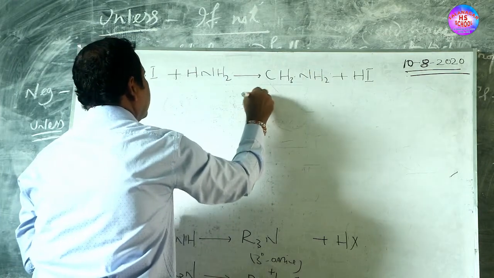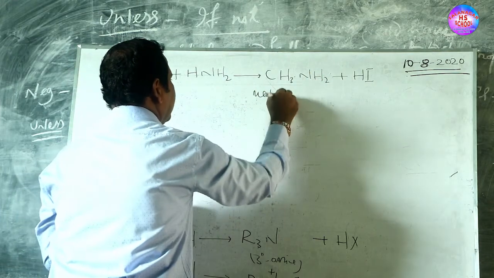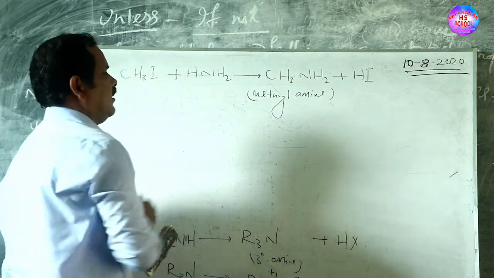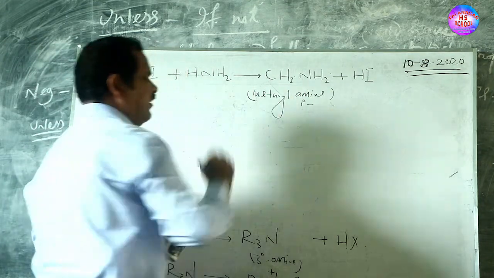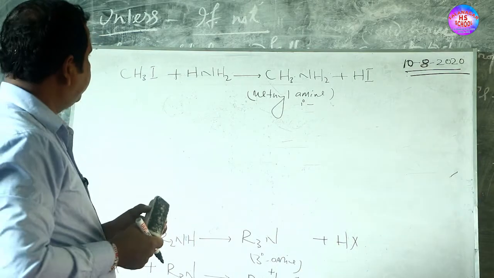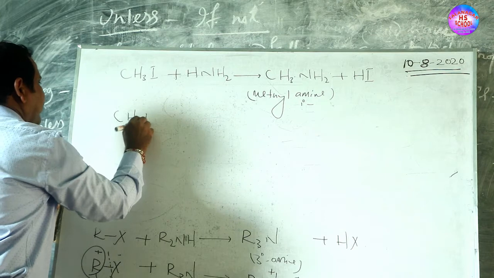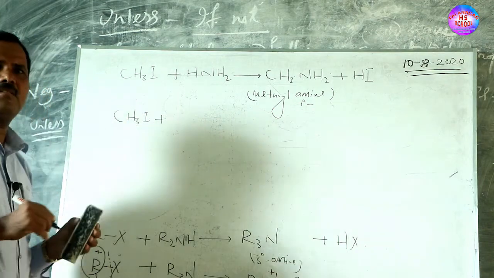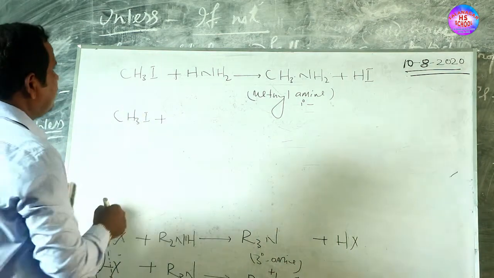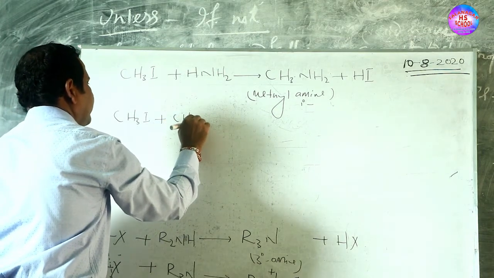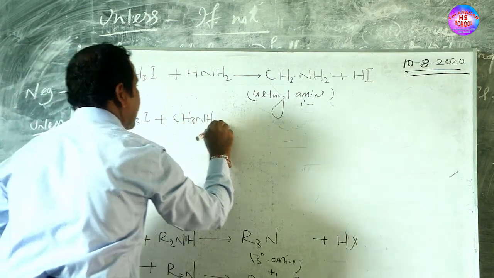This compound is your methylamine, a primary amine. Again, methyl iodide plus methylamine, CH3NH2.